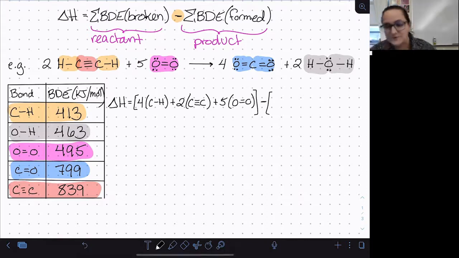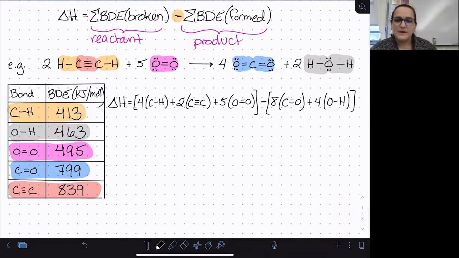From that, we're going to subtract. On the product side, we have 4 moles of CO2. Each molecule contains 2 carbon-oxygen double bonds for a total of 8 carbon-oxygen double bonds. And then we have 2 moles of water, each of which contains 2 oxygen-hydrogen single bonds for a total of 4.